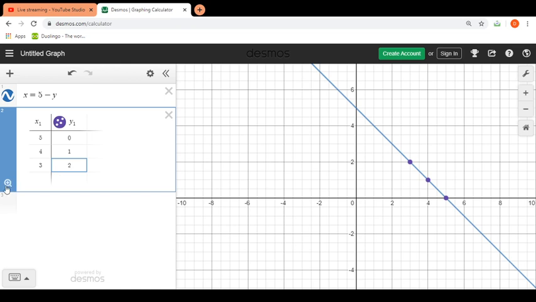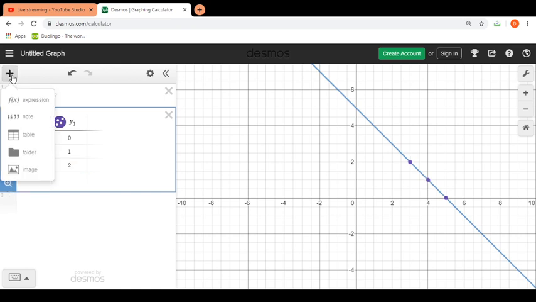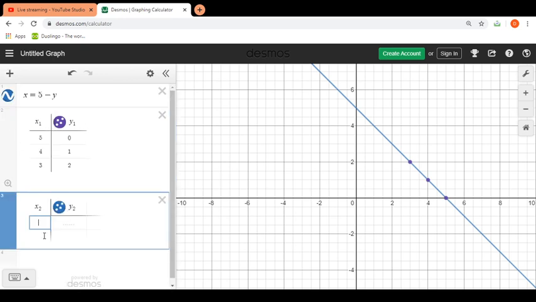Fine. Now we will add one more table, one more equation. Now let us take the points of this table that we have chosen. This is your 2. Another point that we have taken, this is 3.